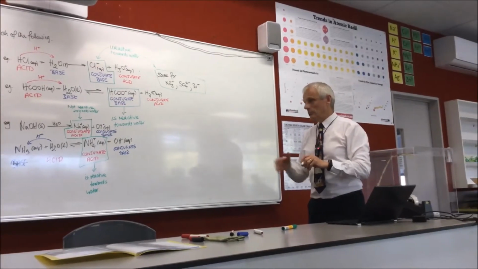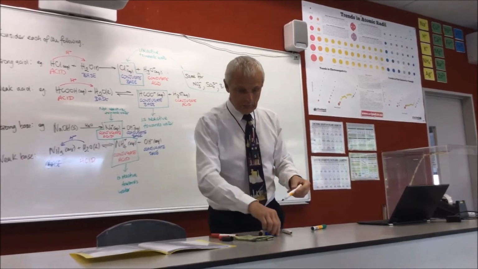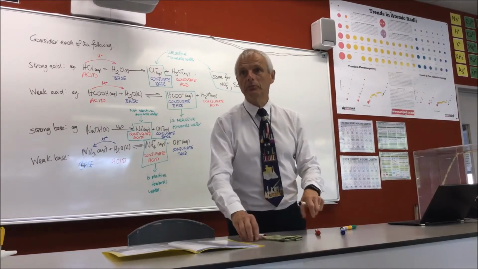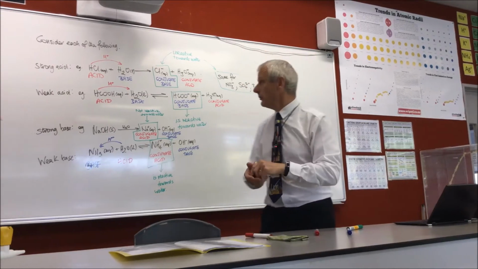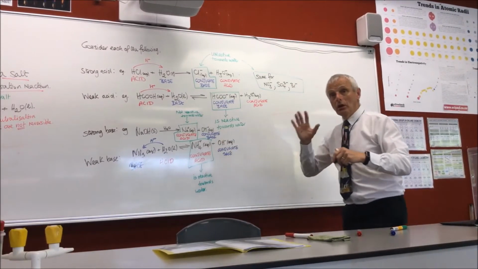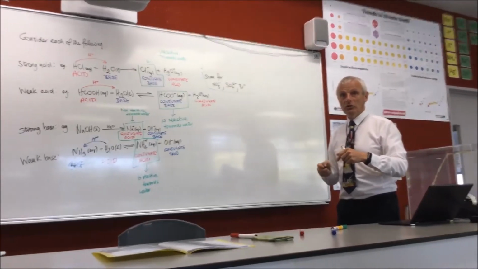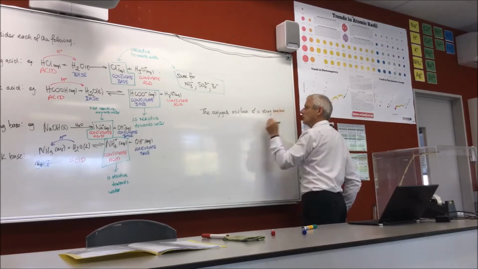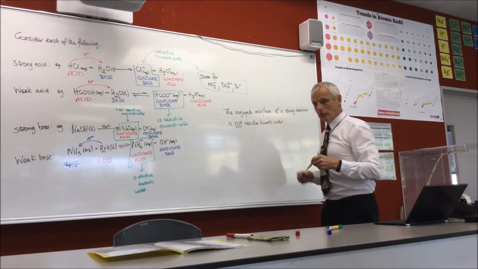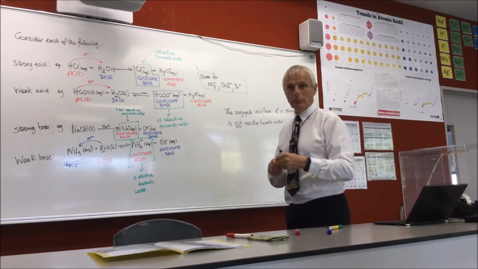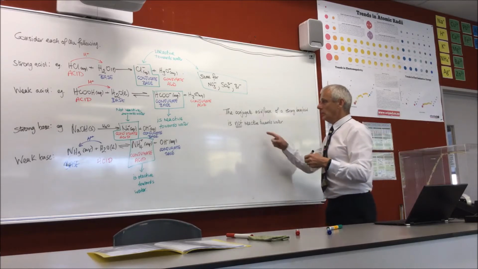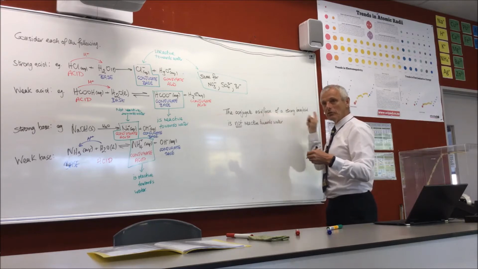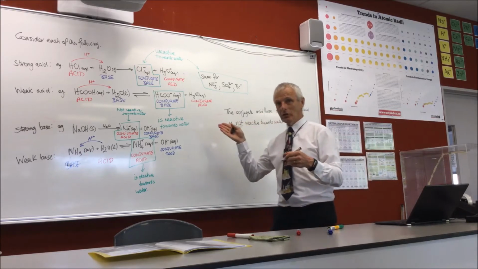So the take home from this, or the important part, basically what we've been doing is just using our understanding of acid-base behaviour in terms of proton transfer to label these things. The big take-home message is that first of all, and this is of lesser importance as we'll see, if you take the conjugate acid of a strong base or the conjugate base of a strong acid, they won't react with water.